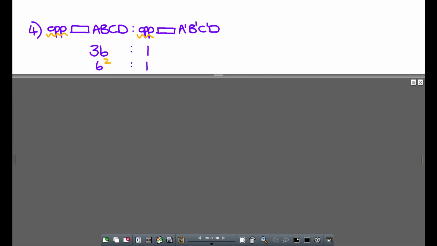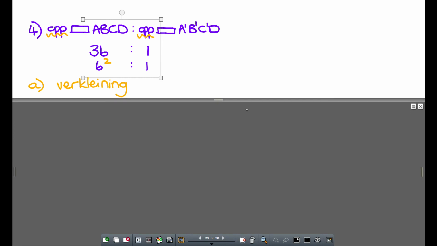Okay, so at 4a, they're asking me to state whether this new triangle is an enlargement or a reduction. Have a look. I'm going from a very big number to a very small number. So what would it be? A reduction. Yes? For the previous one, when we calculated the scale factor, we said 324 divided by 36 equals 9.